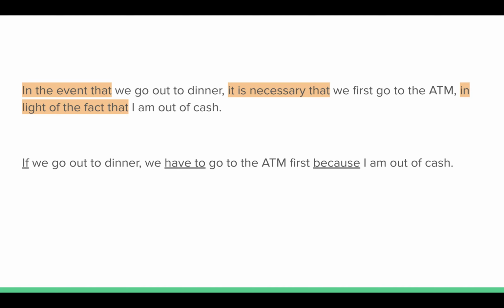Okay. All right. So last thing I want to say about this. If you think that, or if you had thought that a sentence like this might make you sound smarter or more formal, I hope that this shows you why that's not true. Okay? This sentence sounds needlessly stuffy and needlessly wordy.